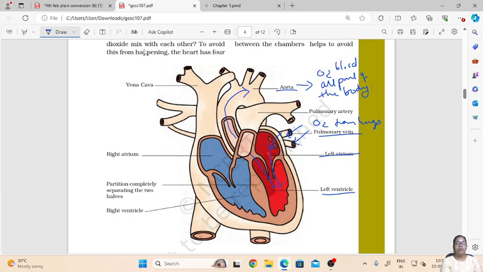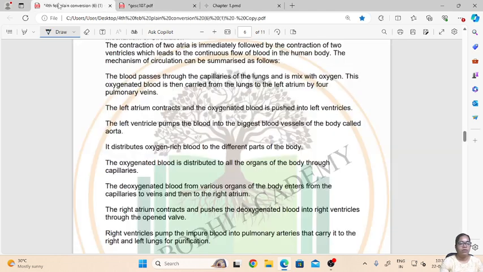Understood? The pulmonary veins will receive the oxygenated blood from the lungs. It will enter into the left atrium, then it will be pumped into the left ventricle. From the left ventricle it will be pumped into the aorta, which is the main vessel which will supply the blood to all the parts of the body. So this is how the oxygenated blood is getting carried into the other parts of the body.